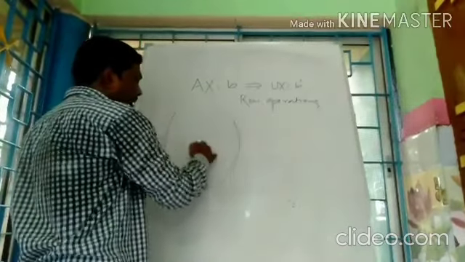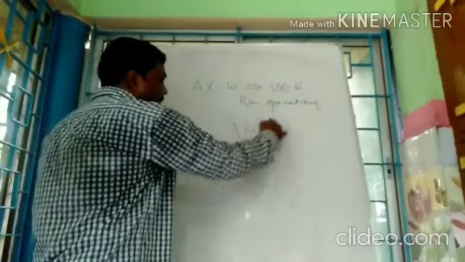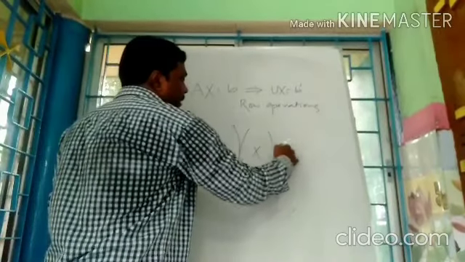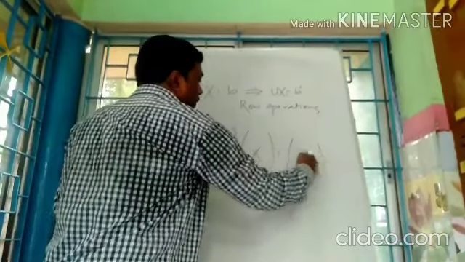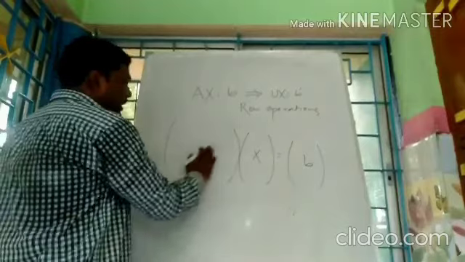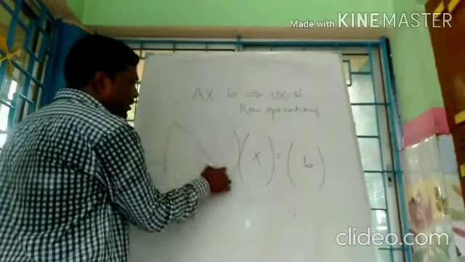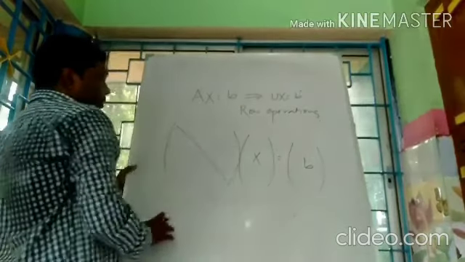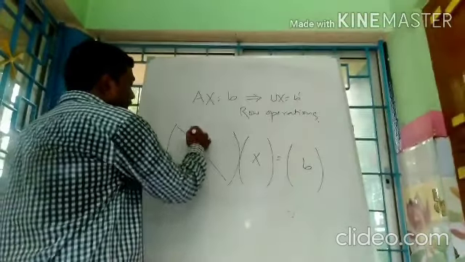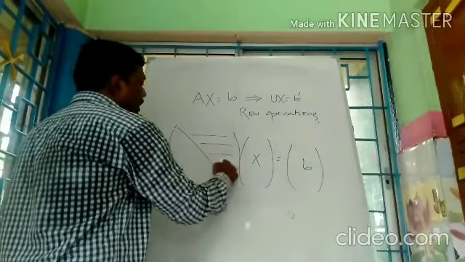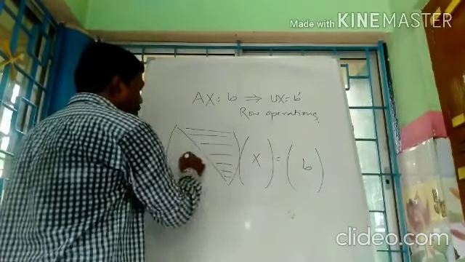Suppose this is the matrix A, this is the unknown vector X, that is the vector b. Now for matrix A, this is the principal diagonal. Convert all the elements below the principal diagonal into 0 using row operations.